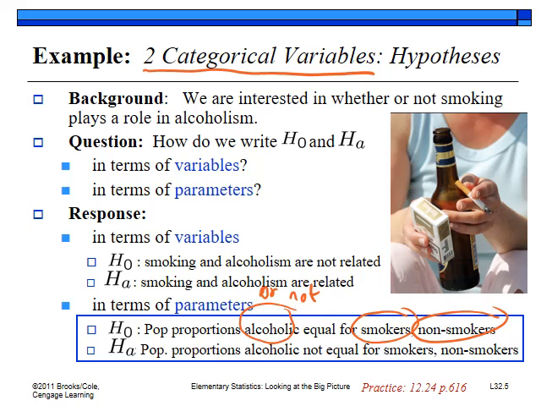So here, when we're talking about the population proportions, we're first breaking our population down into two groups. In this case, the smokers and the non-smokers, and then looking at the proportions of alcoholics within each of those subgroups. It's those proportions that we're saying are equal or are not equal.